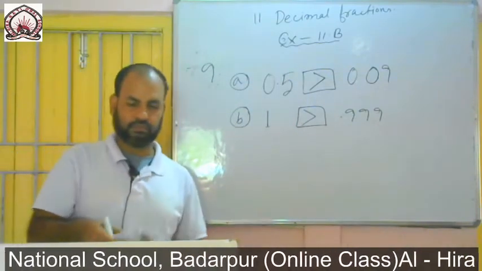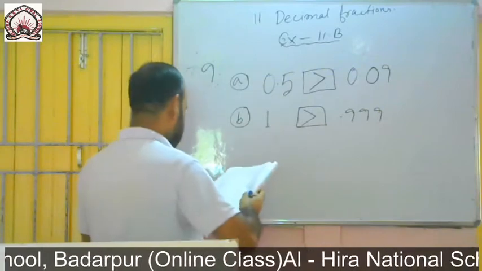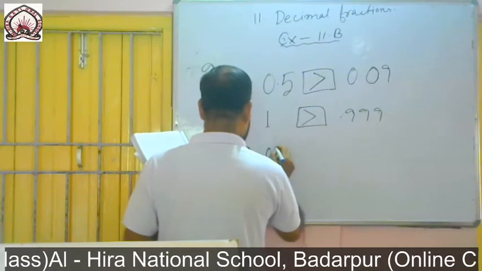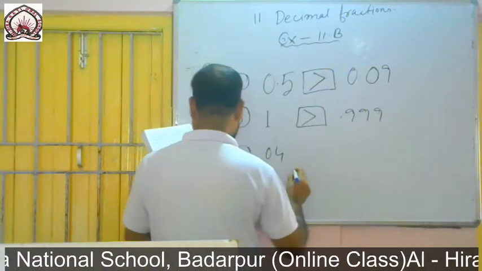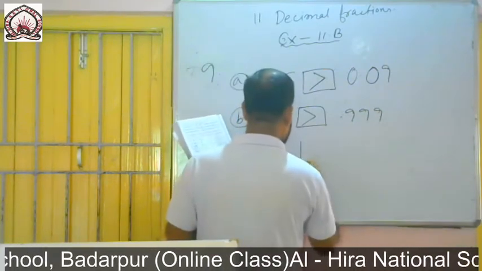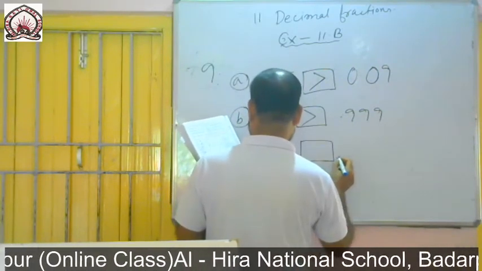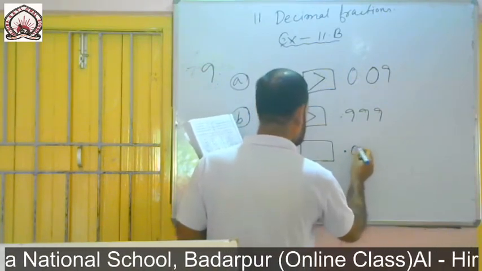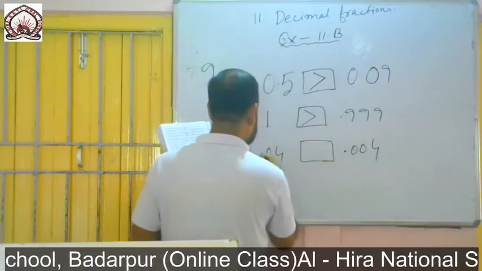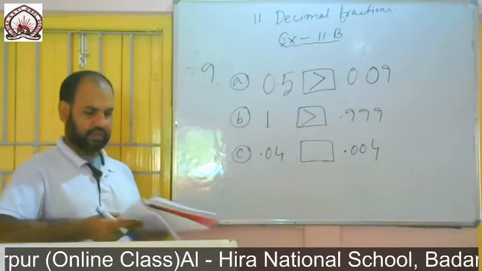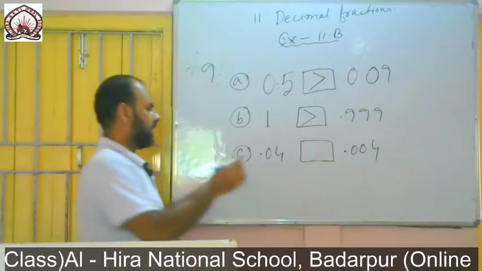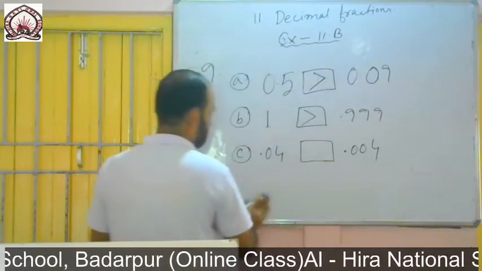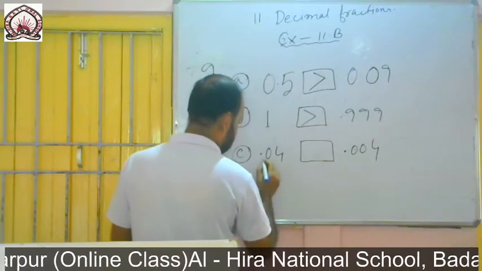Next, question number C. 0.04 box 0.004. Here also we make them like decimals.